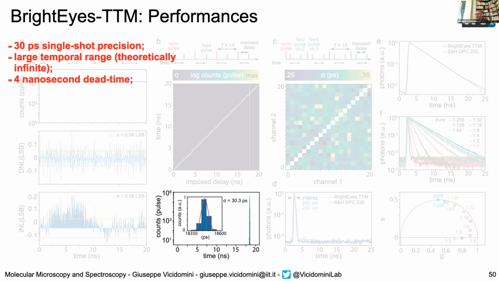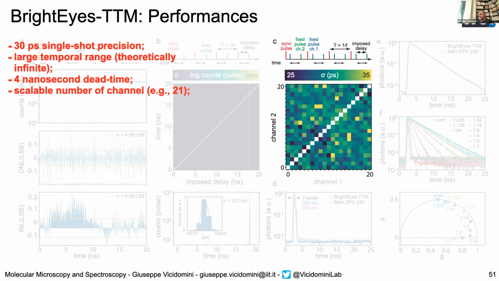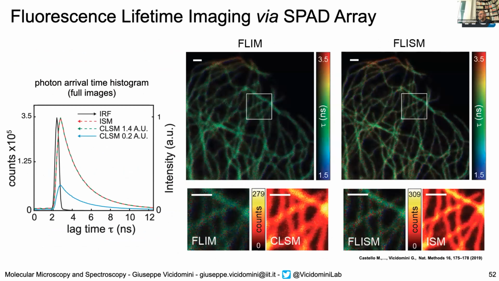But that's not a problem, because every element of the detector is already blind for about 10 nanoseconds. The other most important thing is that you can collect signal simultaneously from many different channels, from all 25 elements of your SPAD array detector. So when we combine this new card with our SPAD array and our scanning microscope, we can start immediately to make lifetime imaging.